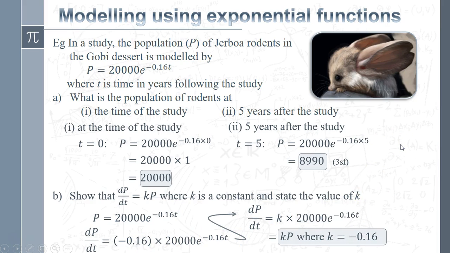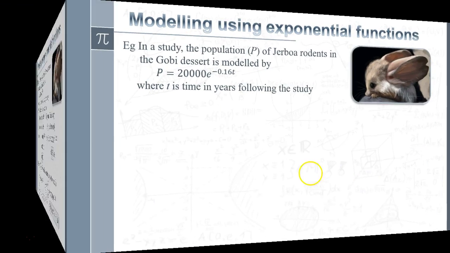So it is in the form being asked for in the question: dP/dt equals k times P, and our value of k is just minus 0.16. What we've shown there is that dP/dt, the rate of change of the population, is proportional to the original population size, or the population size at any point. So that's that bit done.